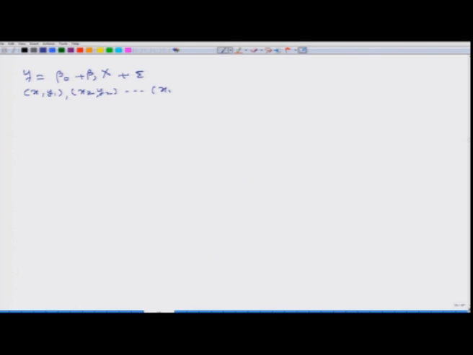up to xn yn, and we assume that all these observations are going to satisfy beta 0 plus beta 1 xi plus epsilon i. This is the model that they are going to satisfy. And if you try to recall, we had created this diagram. This was x, this was y, and then we had observed points something like this, and we wanted to fit a line something like this.